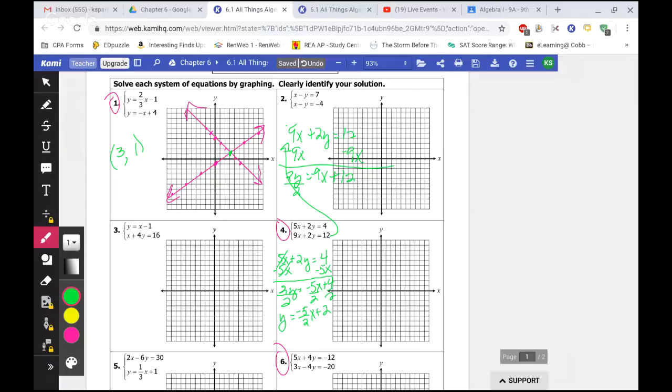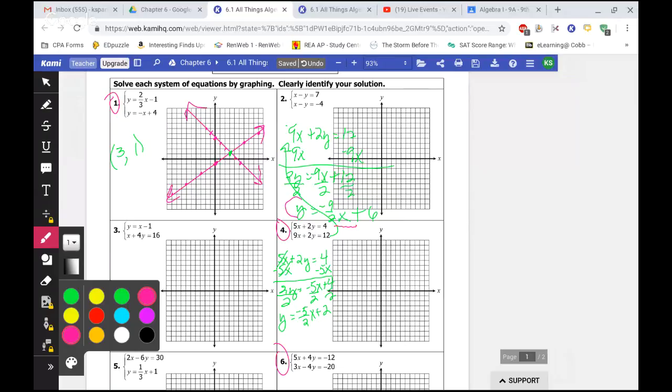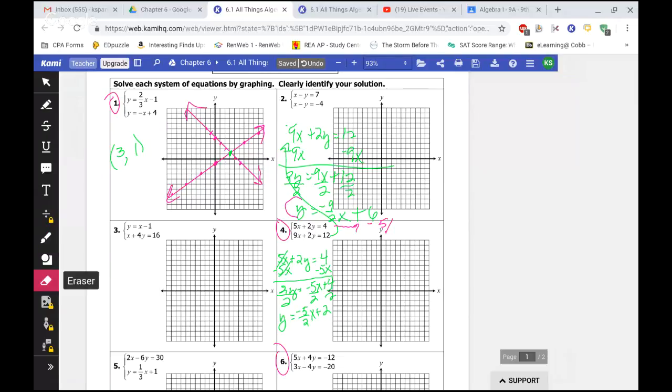Now you're going to divide everything by 2, which gives you y equals negative 9 halves x plus 6. All right, so this one turns into negative 5 halves. Actually, I'm not going to write that one there.